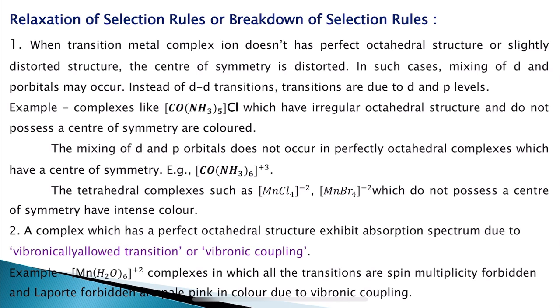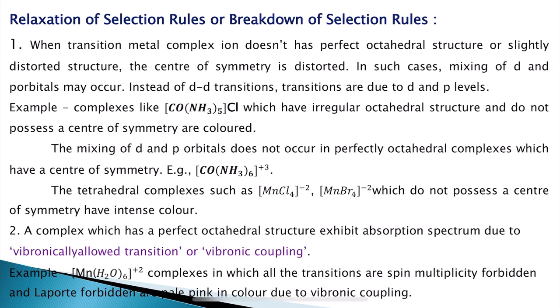Sometimes such geometry will not be observed, and the structure will be distorted. Distorted means changed: it will not have a similar distance between the ligands and the metal atom. At this stage, the symmetry is also distorted.